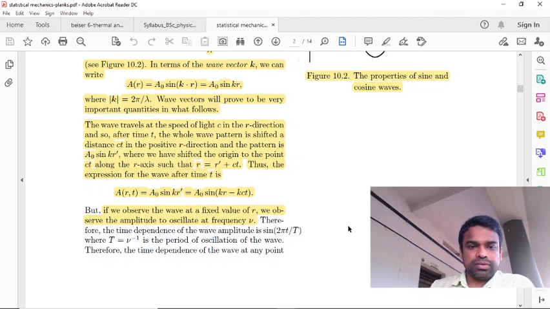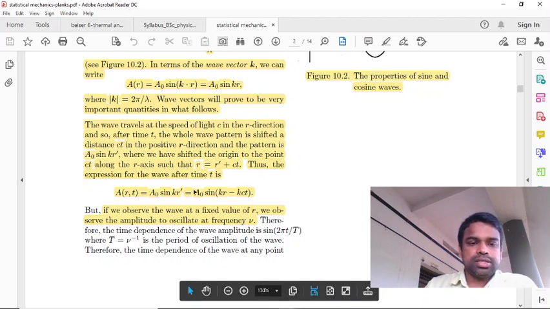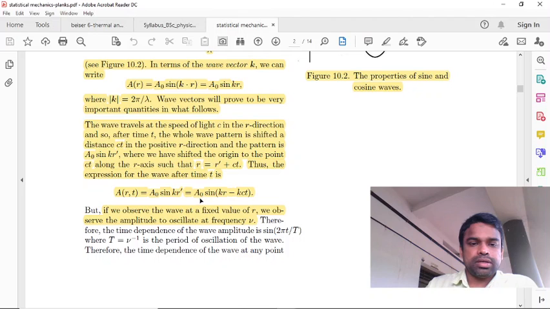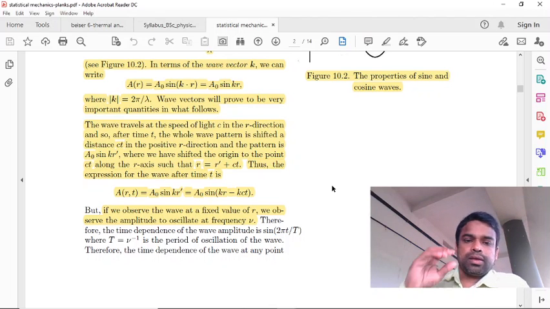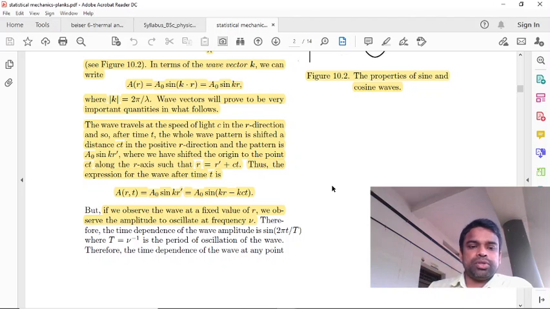Now the expression for the wave after time t is A0 sine k r prime. R prime, from this expression, is A0 sine kr minus kct. If we observe the wave at a fixed value of r, we observe the amplitude to oscillate at a frequency nu.